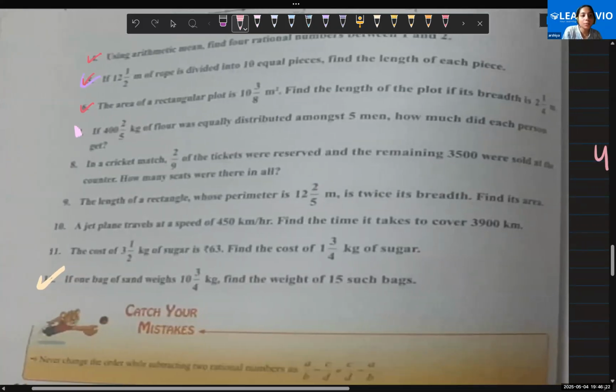Can you try the last one, question number 12?